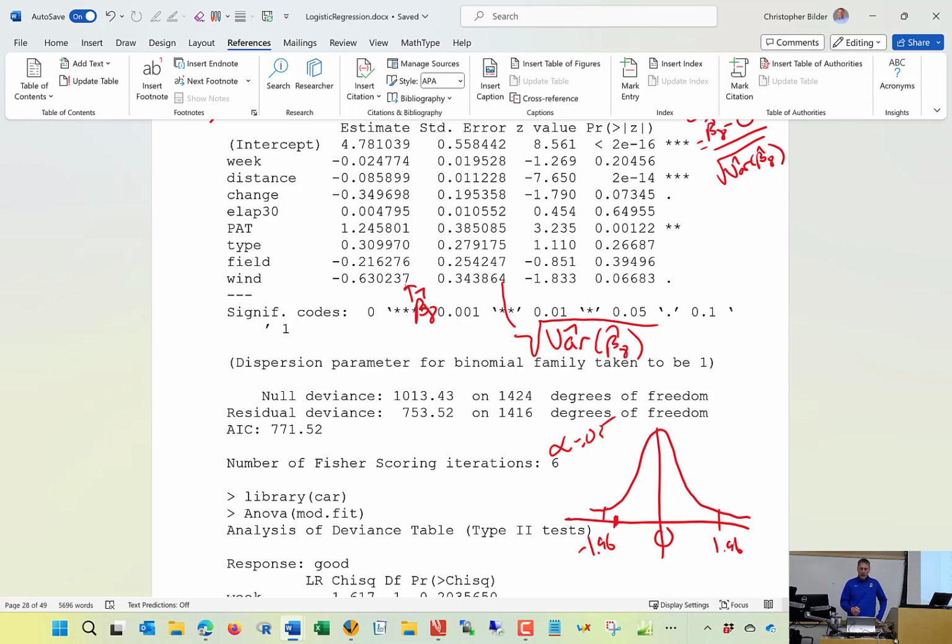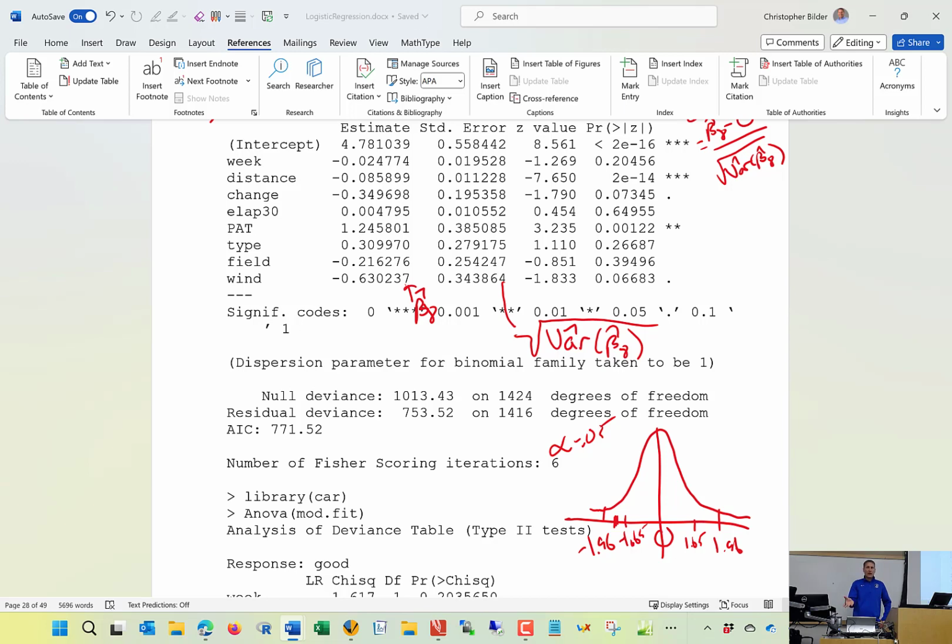And in fact, if I were to use, let's say, alpha of 0.1 instead, I would have negative 1.65 here and positive 1.65 there. And we can see that it is outside the rejection region. And so because of this, we say we have marginal evidence that beta 8 does not equal 0. It's not strong. We have marginal evidence.